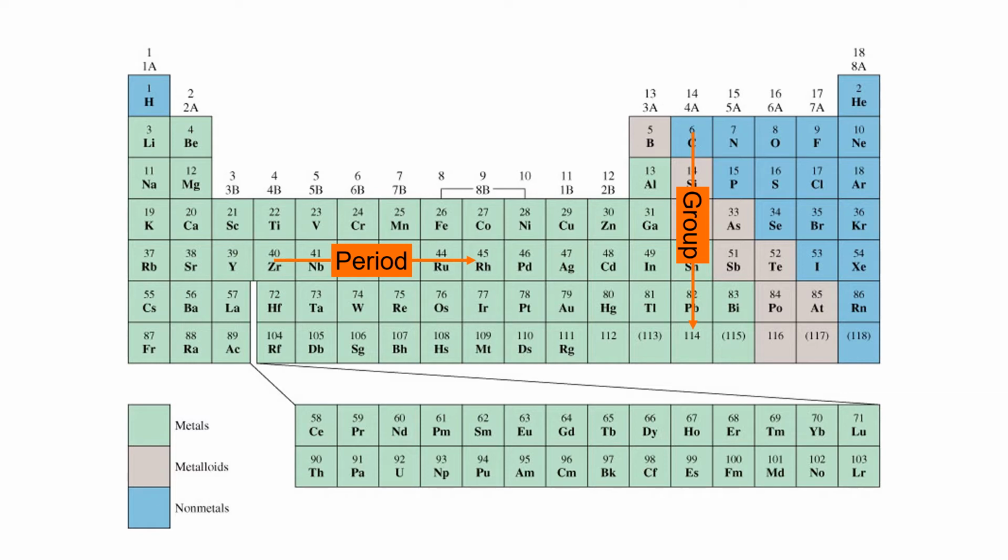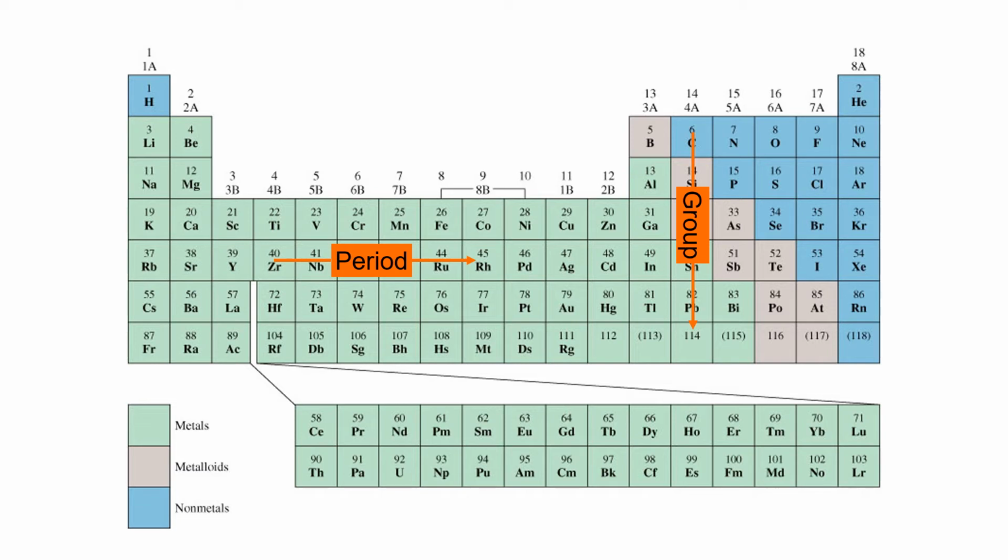Let's classify the metals here. You'll notice the metals are represented in green. Groups 1A, 2A, and 3A are those main group or representative metals. The blue highlighted elements are nonmetals, and you can see in comparison most of the elements in this periodic table are metals.